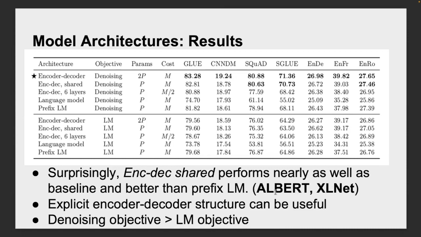It simplifies the number of parameters in the BERT model. And also XLNet uses some shared parameters to reduce the model size, and at the same time performs nearly as well as the original bigger model. And if you compare different objectives, the denoising objective versus the language model next-token objective, the denoising objective performs better than the language model objective.